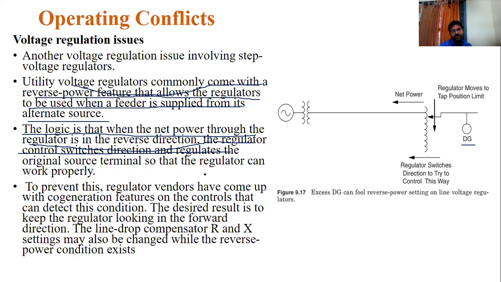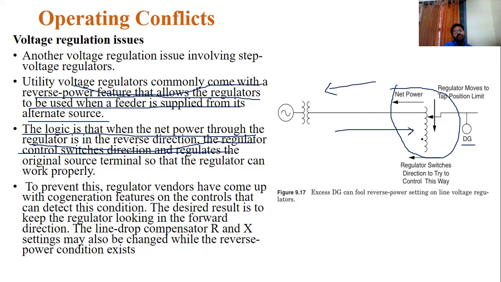So this is one of the operating components. It's very simple. So this voltage regulation power direction is like this. Net power through this direction. If there is any fault in this one, there is a reverse tap current in this one. So the current direction changes like this.